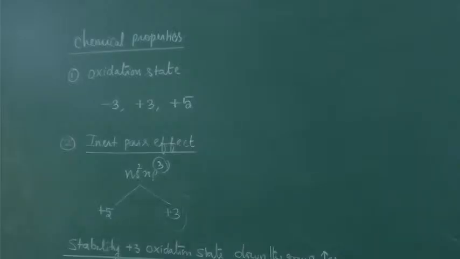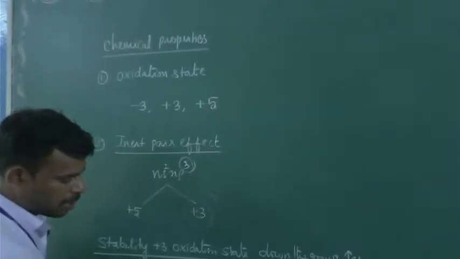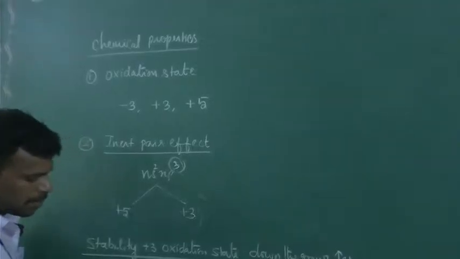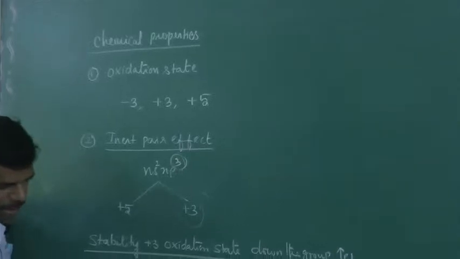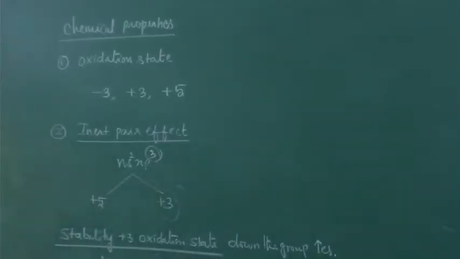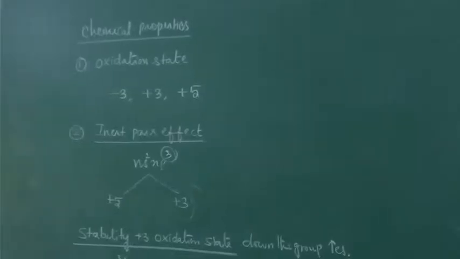For example, bismuth, antimony and arsenic: +3 is more stable down the group. Down the group, the stability of the lower oxidation state increases due to the inert pair effect. +3 is the lower oxidation state.